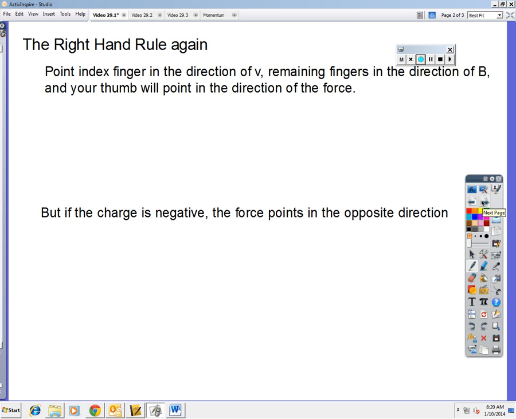So to determine the direction of the force, you start by pointing your index finger in the direction of v. I'll go ahead and replicate the diagram we had. And then your remaining fingers in the direction of the magnetic field. The result is your thumb will end up pointing in the direction of the force.